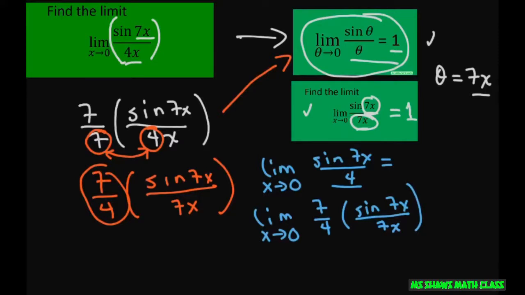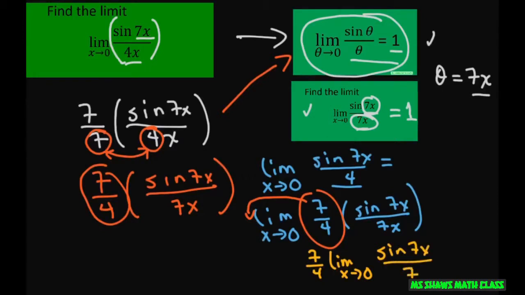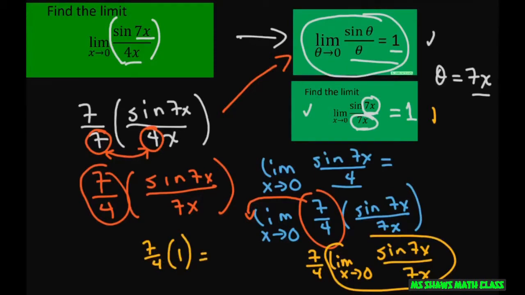Now we want to bring this 7/4 up front here. So we write 7/4 times the limit as x approaches 0 of sine of 7x divided by 7x. We already know this equals 1 from here, so we get 7/4 times 1. And our answer is going to be 7/4.